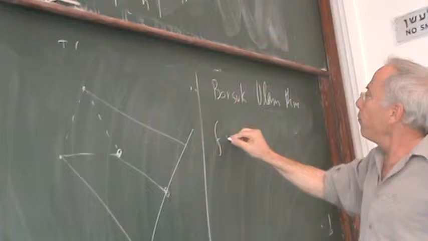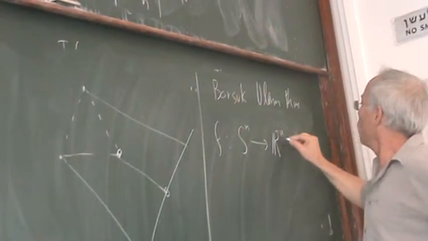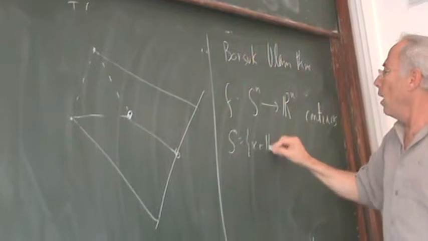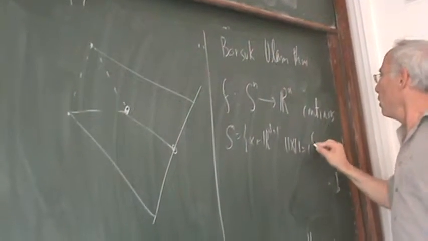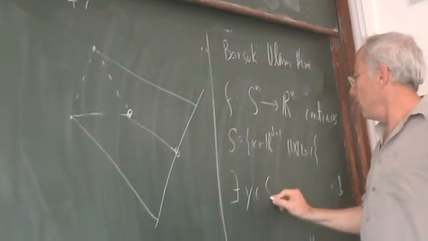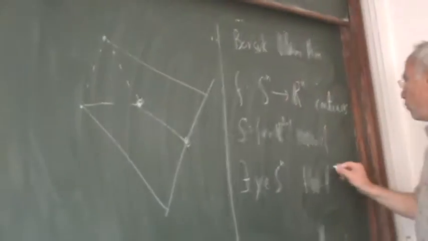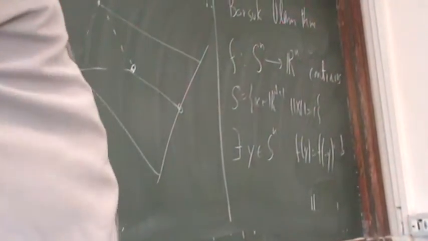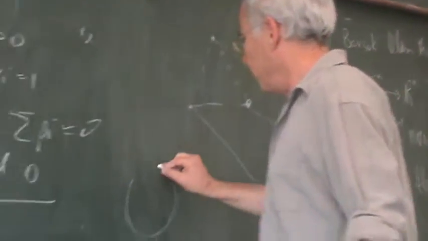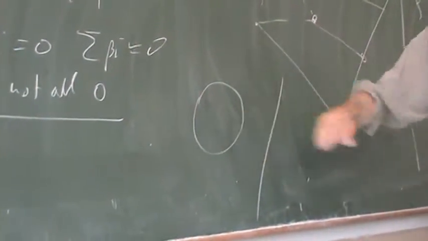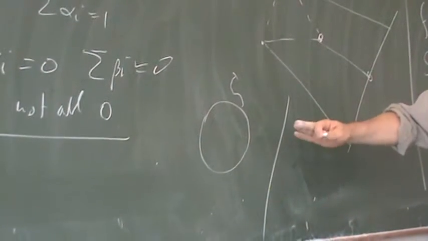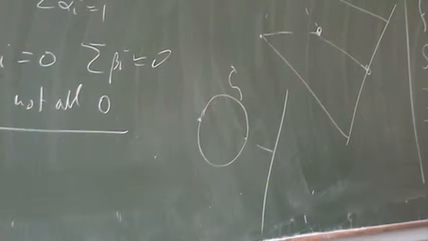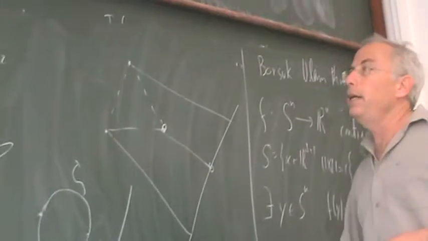It says that if f from Sn to Rn is continuous, where Sn is the unit sphere, all the points x in R^(n+1) whose norm is 1, then there exists y in Sn such that f of y is equal to f of minus y. So if we have a continuous map, say from S1 to R1, then there are 2 antipodal points which are mapped to the same point. This is an important theorem.